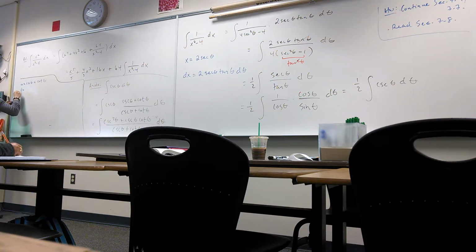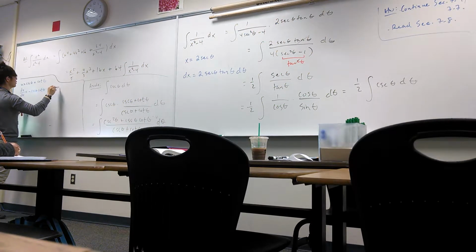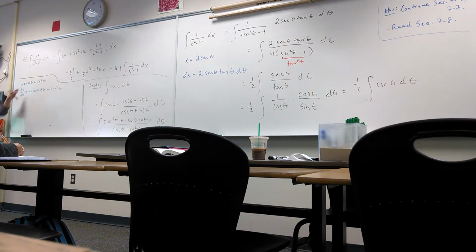So du d theta is going to be negative cosecant cotangent minus cosecant squared, right? I never differentiate cosecant or cotangent, so I'm like, oh. And then you can factor out a minus 1.